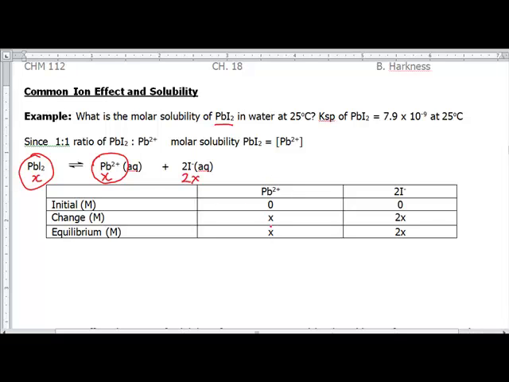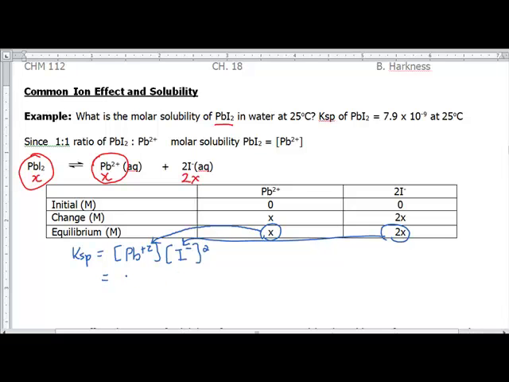Setting out my ICE table, the lead dissociates to an X amount, the iodide into the 2X amount, and if I write my KSP expression, KSP is equal to the concentration of the lead, of course, times I minus squared. So X is the lead, 2X is the I minus that goes in here.